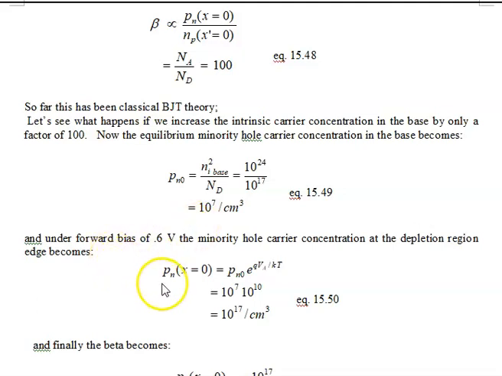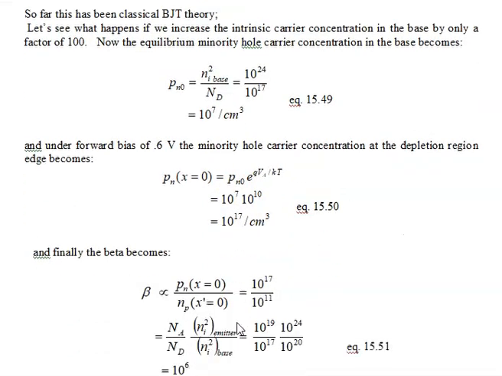So now if we go to the non-equilibrium carrier concentration, boosted by 10 to the 10th, same boost, 0.6 volts, we have now 10 to the 17th. It was 10 to the 13th, and now it is 10 to the 17th.